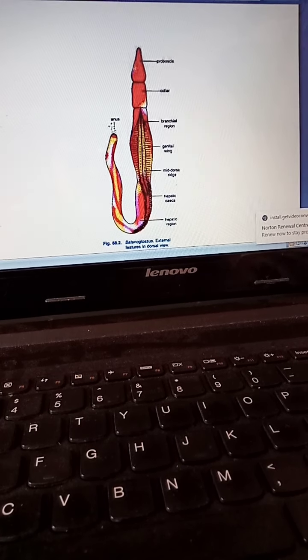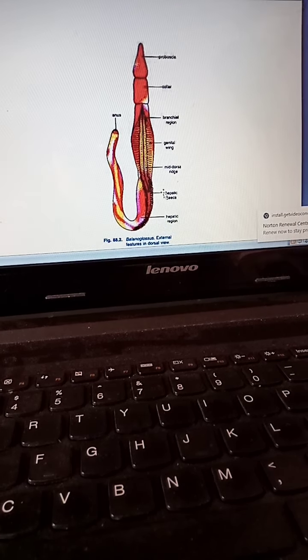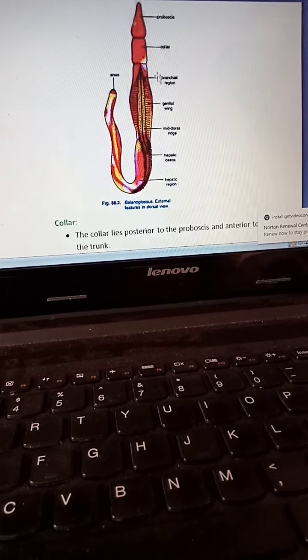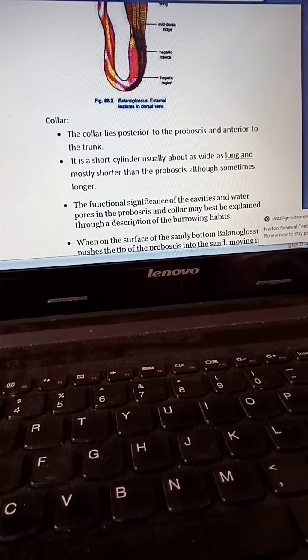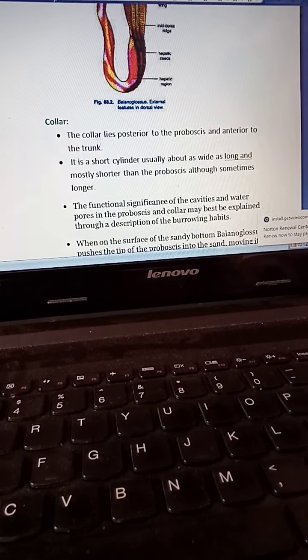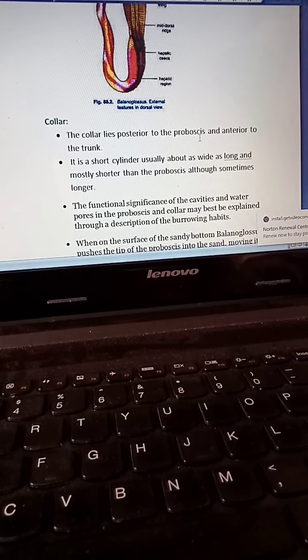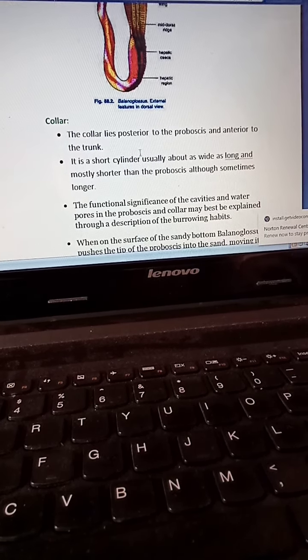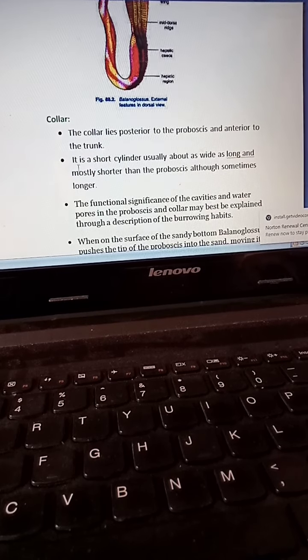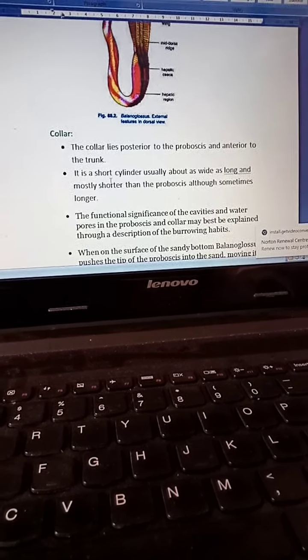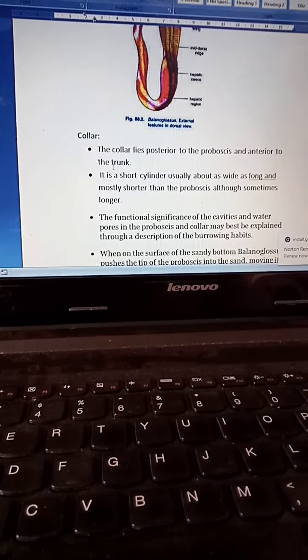So here we are discussing the trunk, collar and proboscis. The collar lies posterior to the proboscis and anterior to the trunk. Can you see, girls? So here this is the trunk, posterior, and this is the proboscis, anteriorly located.